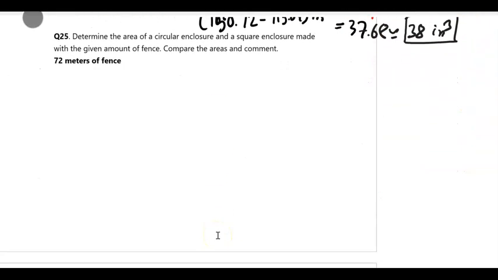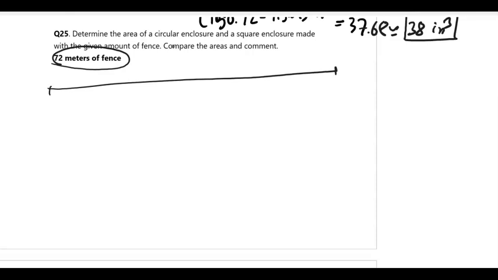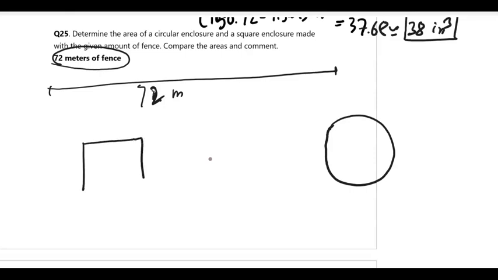Question number 25. Determine the area of the circular enclosure and the square enclosure made with the given amount of fence. This is the fence, 72 meters. Say this is a length of 72 meters. You're making either a circular enclosure, using this 72-meter fence to make a circle, or a square.